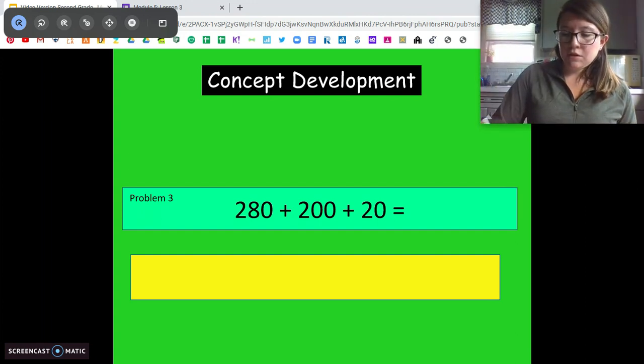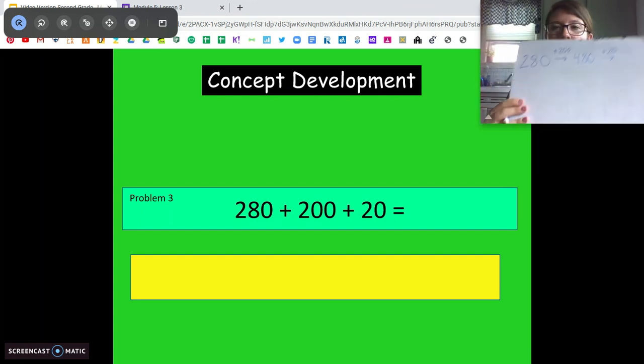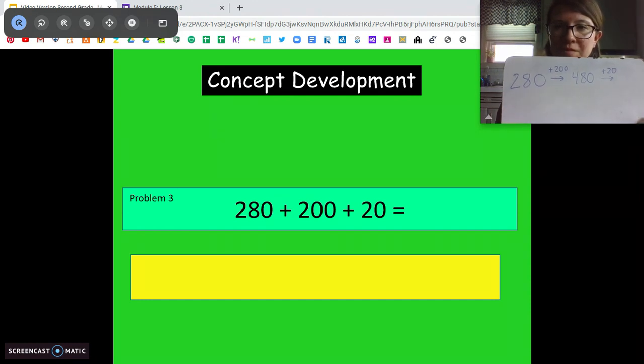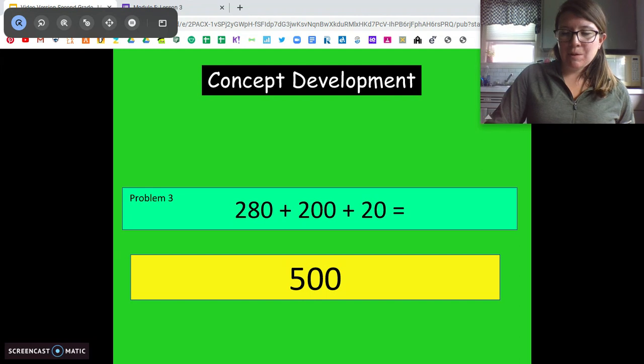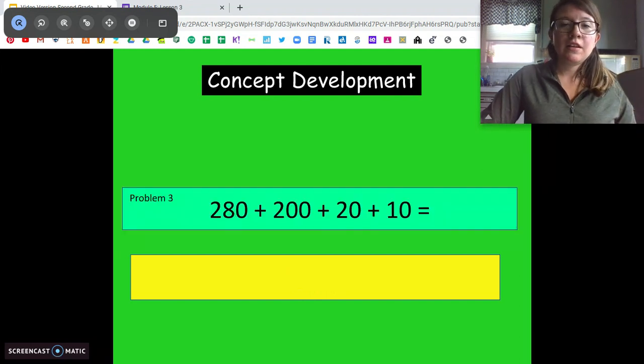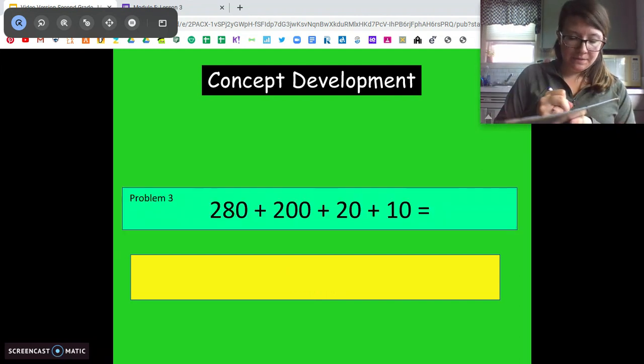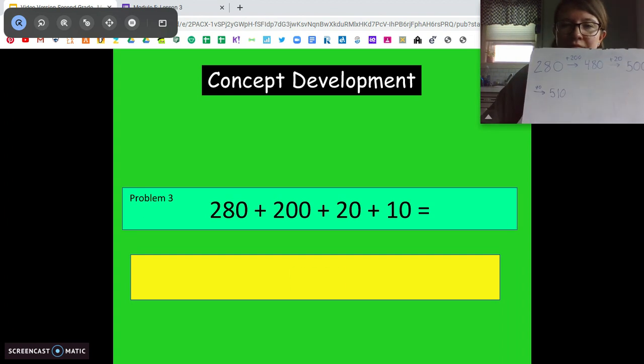You should notice something happen when you add that 20. Yeah, we're going to get to an even 500. We jumped up to that next 100. Good. Now we're going to add another 10. Good. And there we are.